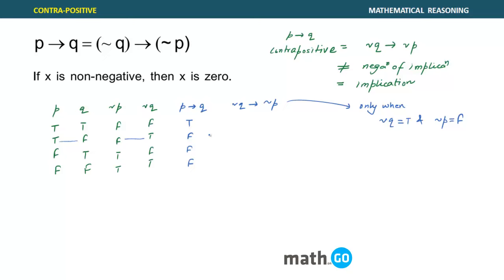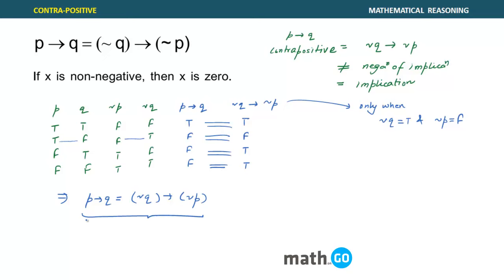So it is the same row. Can you see? Otherwise it will all be true. So can you see everything is matching? Every row is being matched. That is why I can say that contrapositive is equal to implication. And you have to remember this. Remember that this is not equal to your negation. This is the formula that you people have to use.